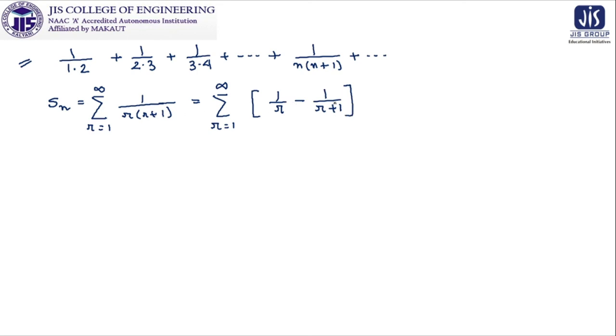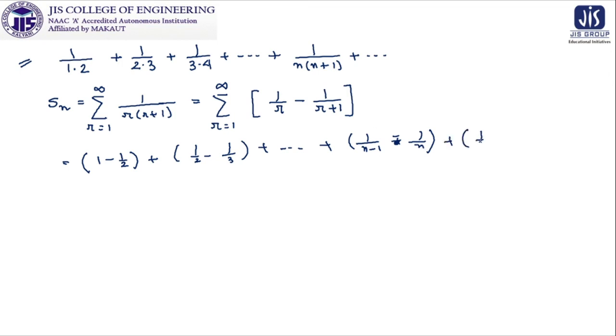So this is nothing but the partial fraction of this one, and then we can break it up and we will get it as 1 minus 1 by 2 for the first value of r, then plus 1 by 2 minus 1 by 3, then plus dot dot dot, then plus 1 by n minus 1 minus 1 by n, then plus 1 by n minus 1 by n plus 1.